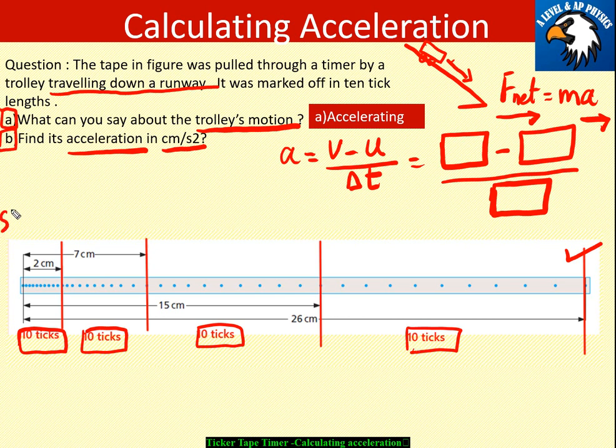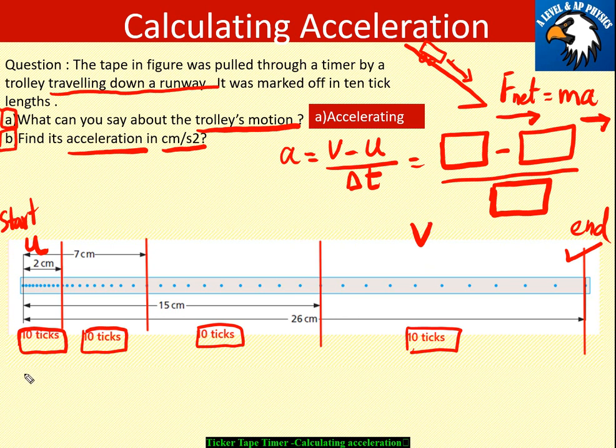This one is the start and this one is the end. Initial velocity means we need to calculate u. We can calculate from here. As the acceleration is constant, we can take any 2 parts, but I will take the first one and the last one, velocity from here.